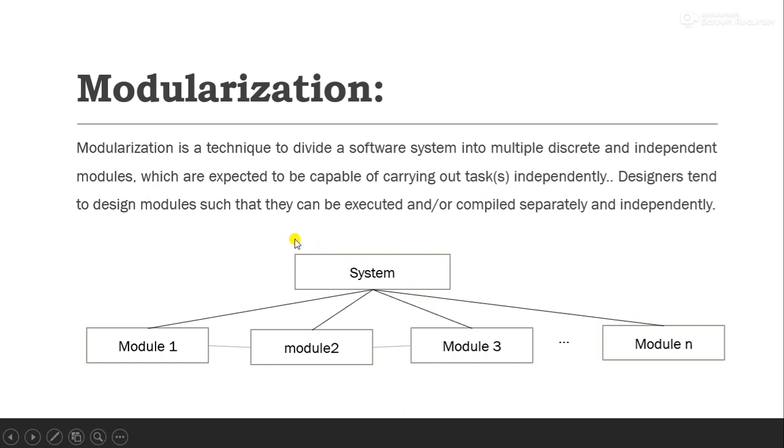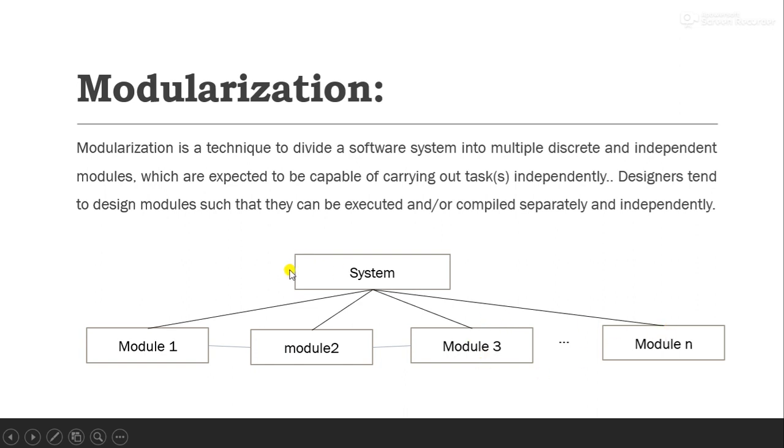So in software engineering, we try to divide a software or a system into a number of independent modules. For example, consider this is the system, and we can divide this system into a number of independent modules.